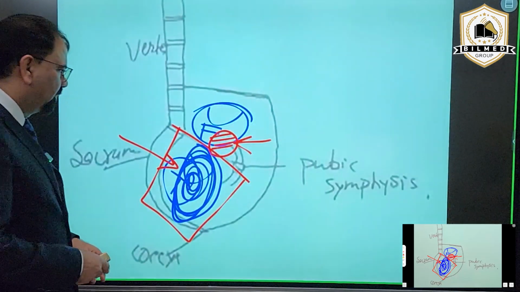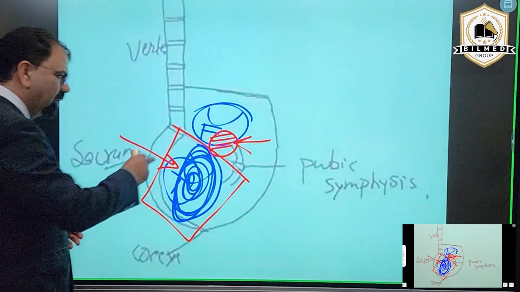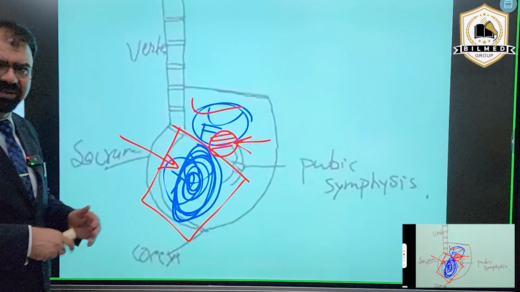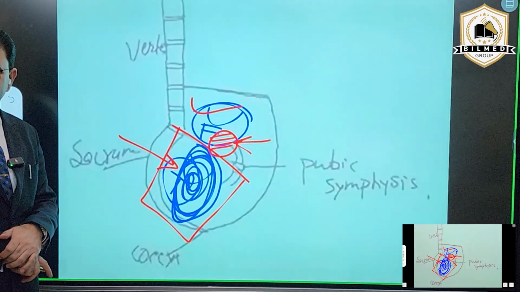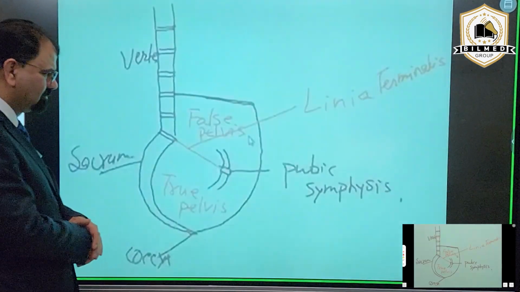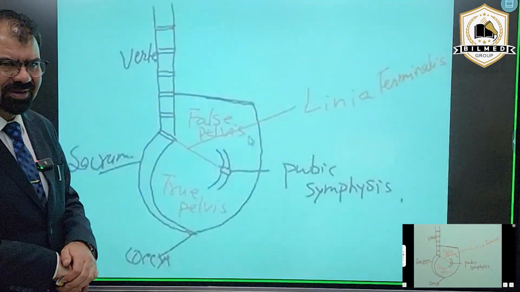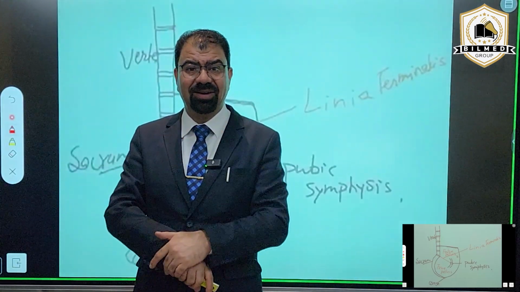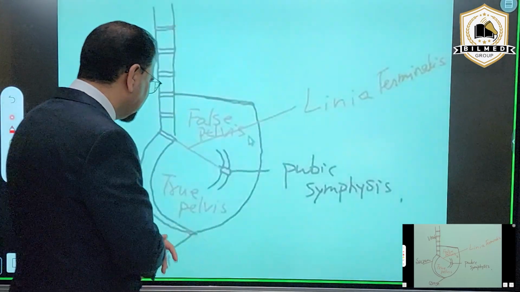So the point is that we have to scan the false pelvis also. Dr. Badi, how are you scanning the false pelvis? We can go by abdominal. Are you understanding the question? Understanding the question is more important than giving the answer. The uterus is here.